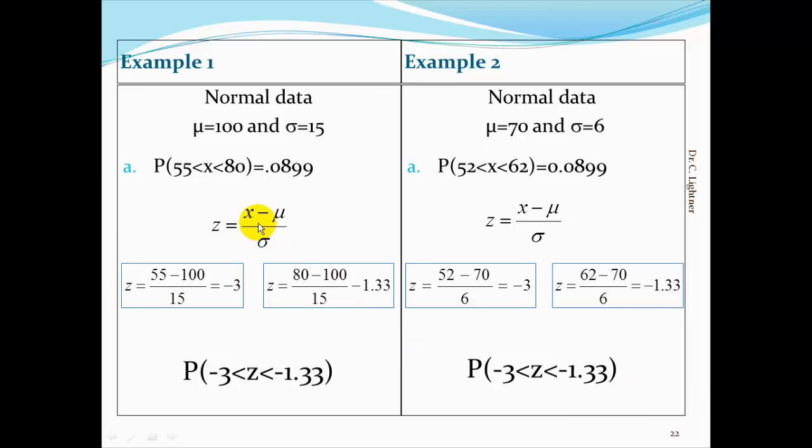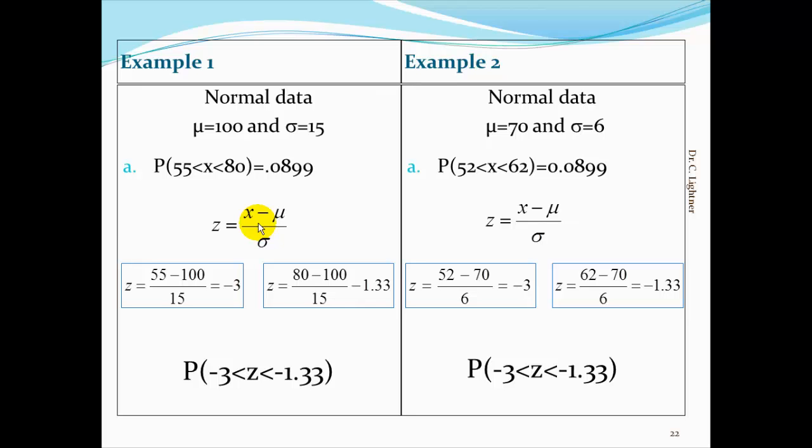In example 1, we use our z-score formula, z equals x minus the mean divided by the standard deviation. We compute the z-score for 55 as 55 minus the mean, which is 100, divided by the standard deviation, which is 15. We obtain a z-score of -3. We then compute the z-score for 80 as 80 minus the mean divided by the standard deviation, and we obtain a z-score of -1.33.